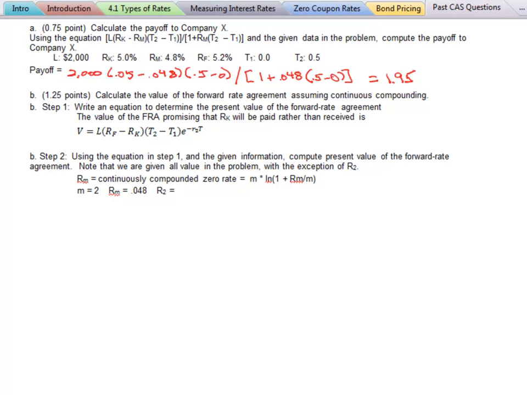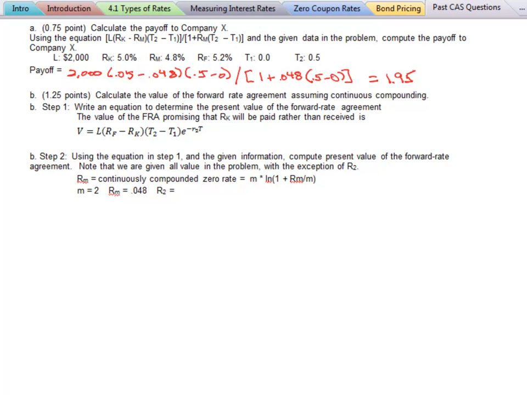In Part B, we're asked to calculate the value of the FRA assuming continuous compounding. The value of an FRA promising that R sub k will be paid rather than received is V equals L times (R sub f minus R sub k) times (T sub 2 minus T sub 1) times e to the negative R sub 2 T sub 2. Step 2.